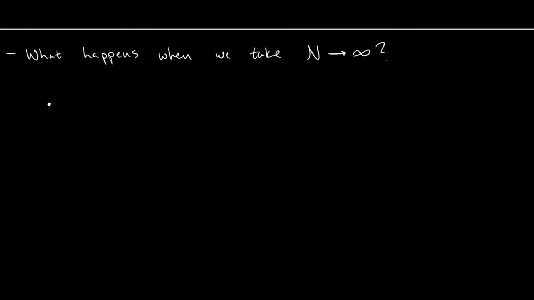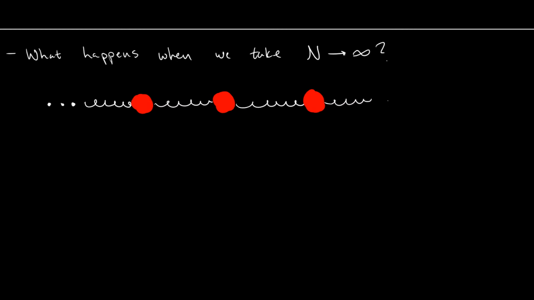So we'll just look in some neighborhood. So we'll take like 3 masses, which I'll draw like this. And the dots mean that this keeps on going and going and going.